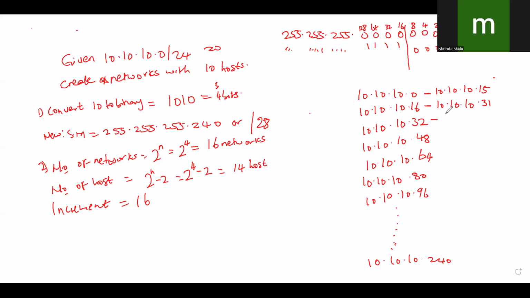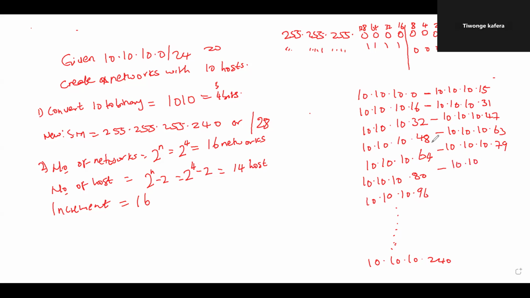T1, give me this one. 10.10.10.47. Give me the next one. 10.10.10.63. Next, 10.10.10.79. Next, 10.10.10.95. Continue.